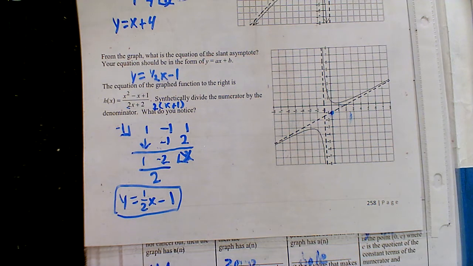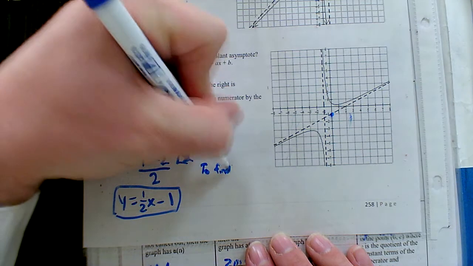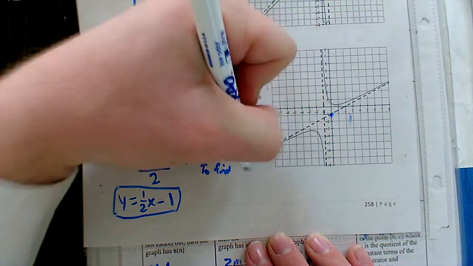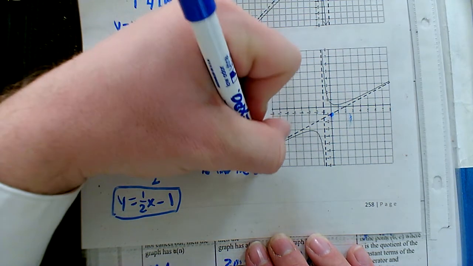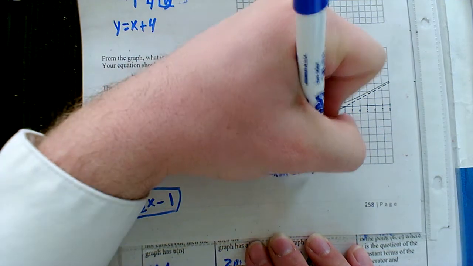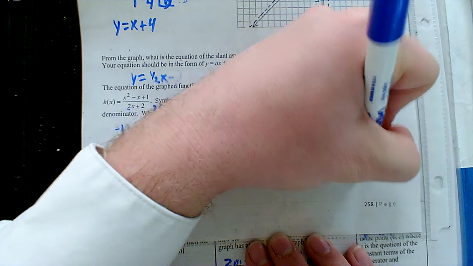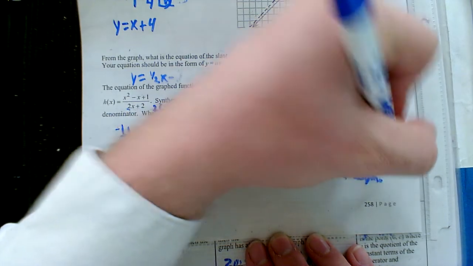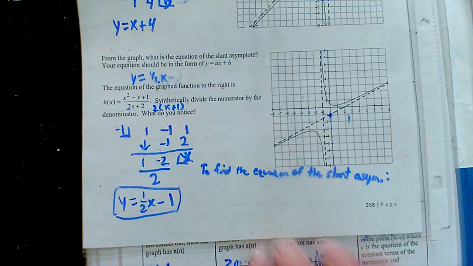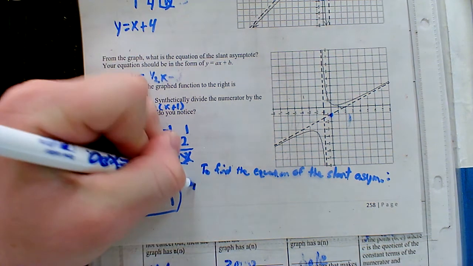Alright, these directions we're going to write are to find the equation of a slant asymptote. Find the equation of the slant asymptote. Step 1.